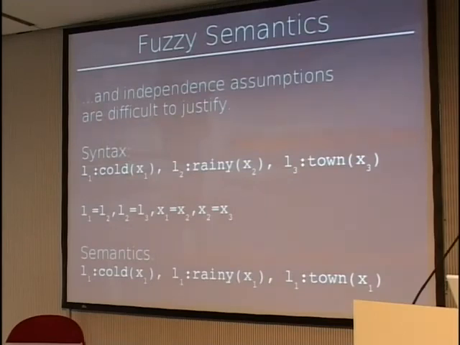So that means that if the first event of throwing the coin for the first time and then the second event of throwing the same coin for the second time are completely independent, then you can work out the probability of the co-occurrence by working out the product, but you can't do that if the events are correlated in some way. And actually doing logic on events means that you're already assuming that there is some sort of relationship between them. And that means that it doesn't really make sense to make an independence assumption here.